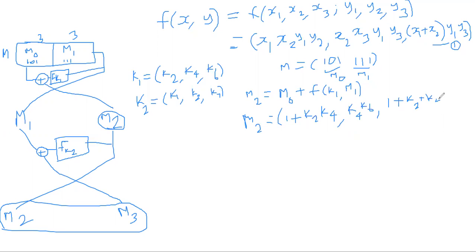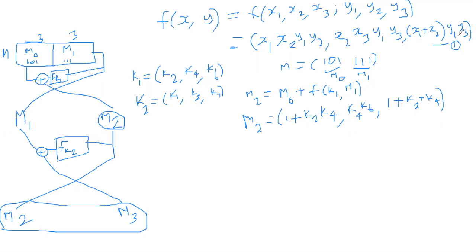Very quickly, let me explain at least one component of this formula. I say here 1 plus k2, k4. The reason is as follows. I'm taking f of K1, M1. What is K1? K1 is k2, k4, k6, and M1 is 111. All of the bits here are 111. So 1 times 1 is 1.